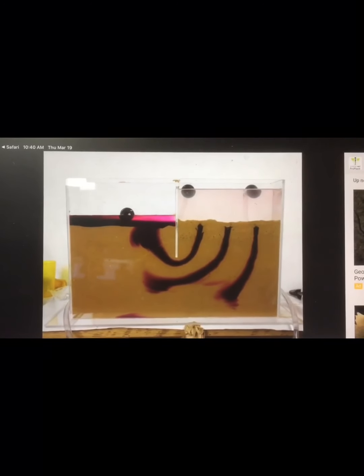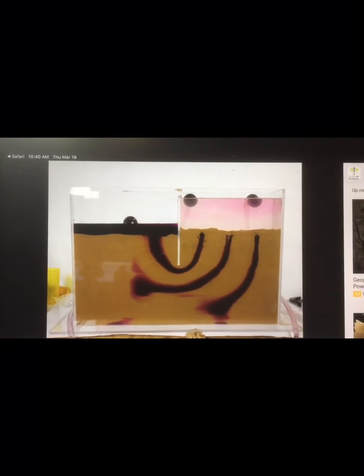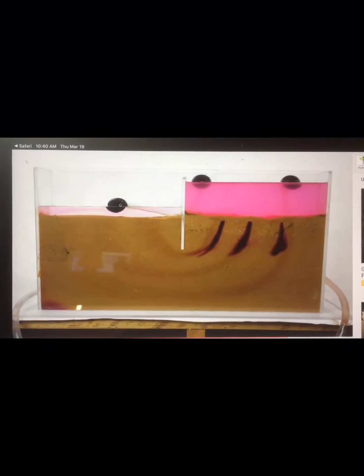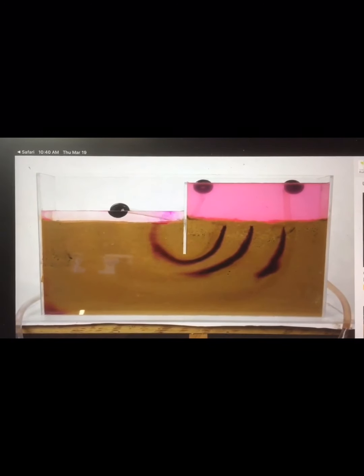Notice there's no crossing of the flow lines. They're sort of parallel to each other, and that's the way water flows through soils. It's not turbulent, it's just laminar flow, just like that.